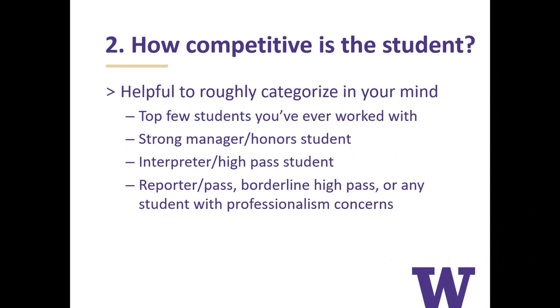That's a strong student. Somebody who's an interpreter student cannot all the way give you a good plan all the time. And then the last category is anyone that I have some doubts about, because by the time you're a 4th year student, you really should be better than passing a medicine clerkship, or anybody with any professionalism concerns.